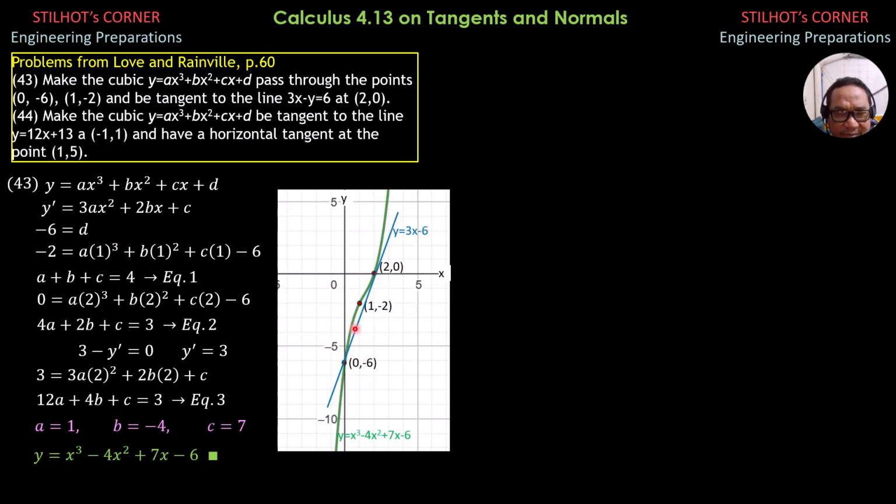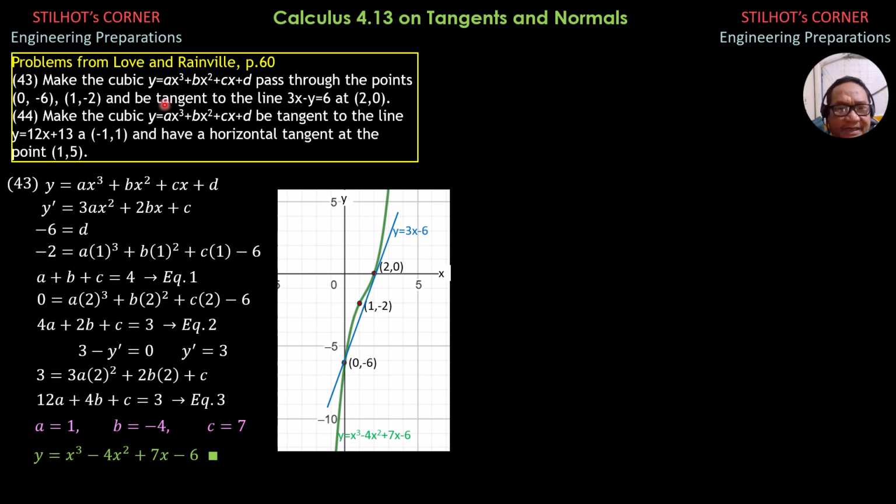So this is the cubic y equals x cubed minus 4x squared plus 7x minus 6. These are the points (0, -6), (1, -2), and (2, 0), the point of tangency, where the tangent has the equation y equals 3x minus 6.